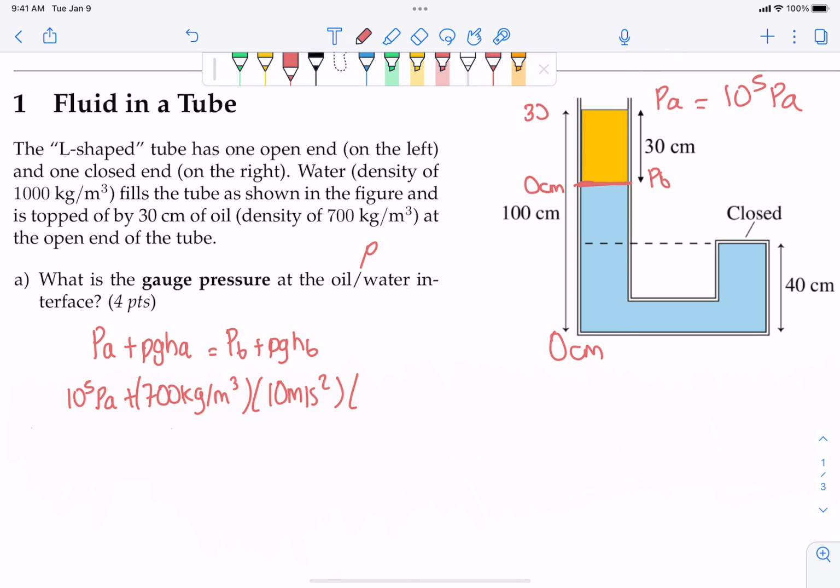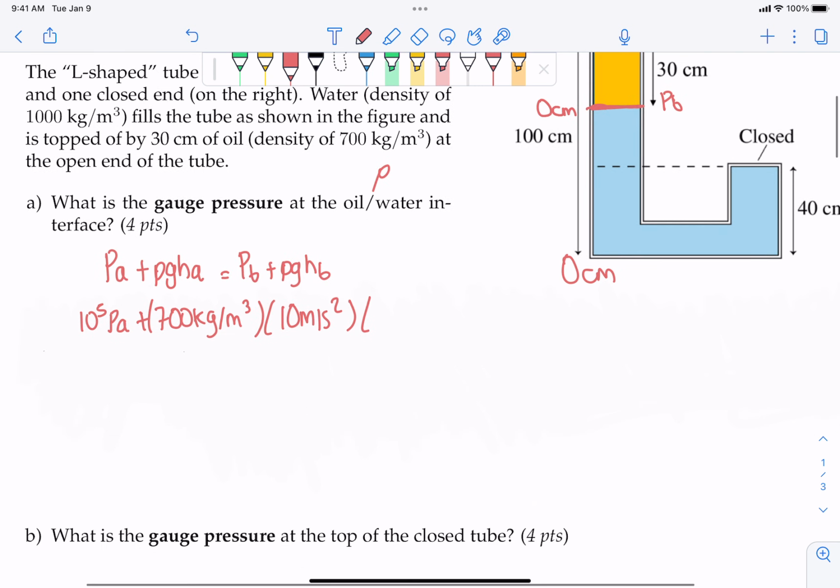Then this PA would be at a height of 30 centimeters relative to this point here. So PB, the bottom, is 0. PA, the top, is 30, right? So the height at point A is 30 centimeters relative to making the height at point B 0 centimeters. This would mean that we would have 0.3 meters here, right?